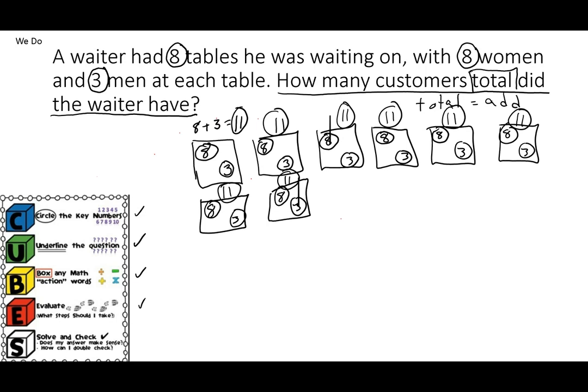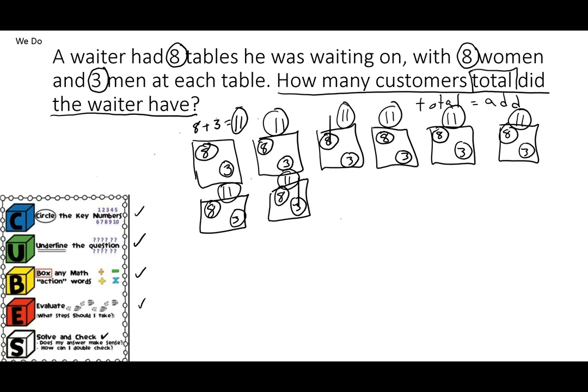So we talked about two different ways to solve this problem in our last video. Can anybody tell me those two ways? Perfect. So we can multiply the number of tables by the number of customers at each table, or we can just add the number of customers at each table.